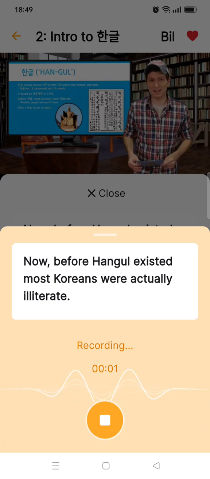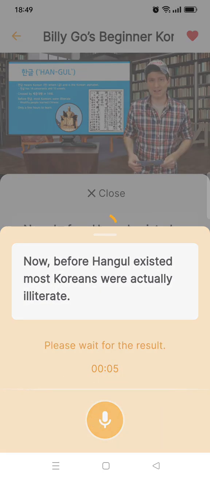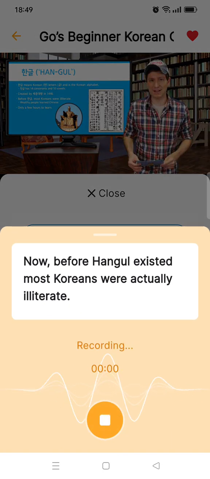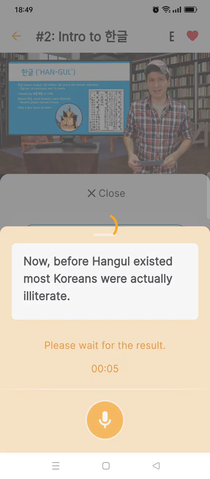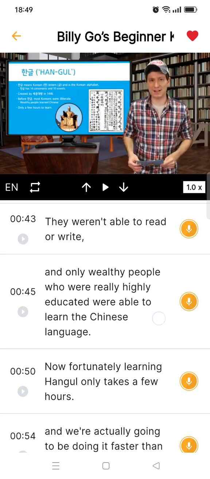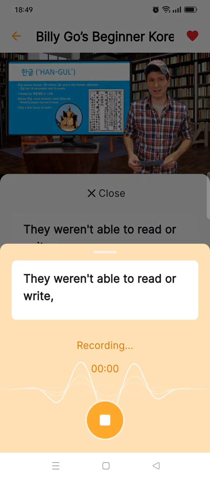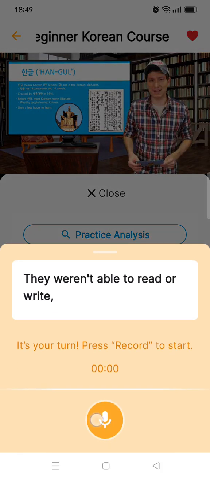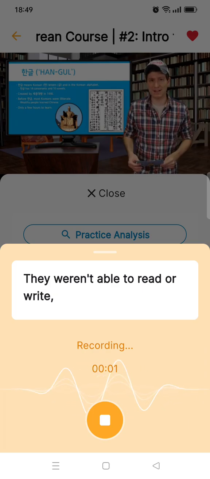Now, before Hangul existed, most Koreans were actually illiterate. They weren't able to read or write.